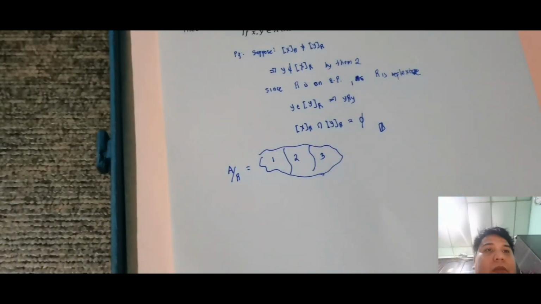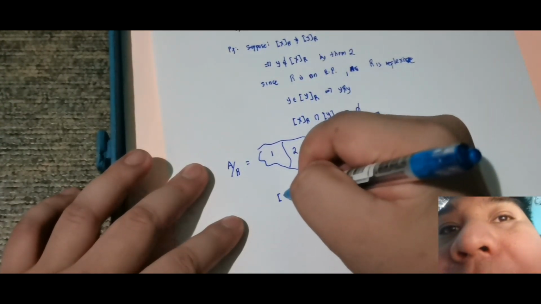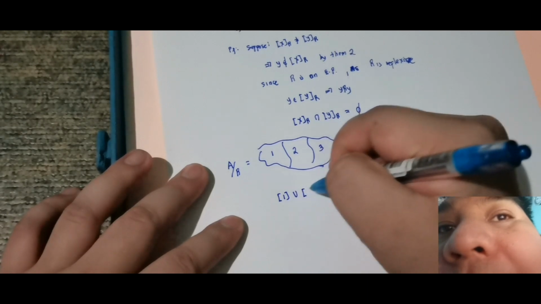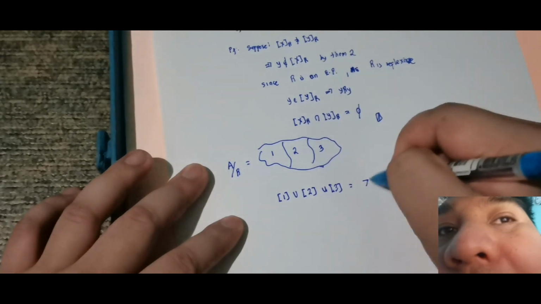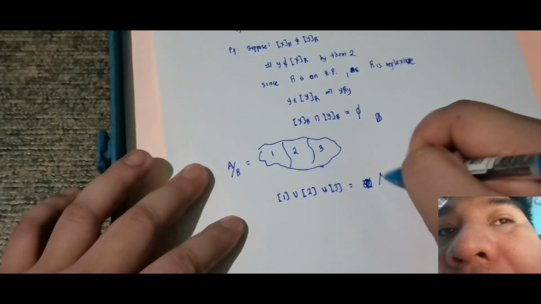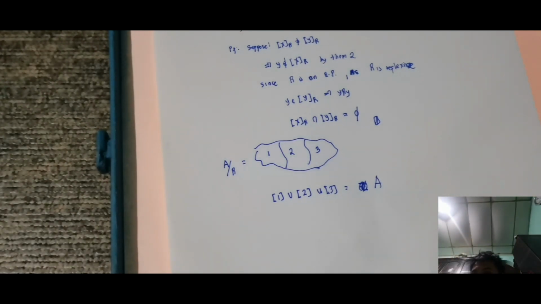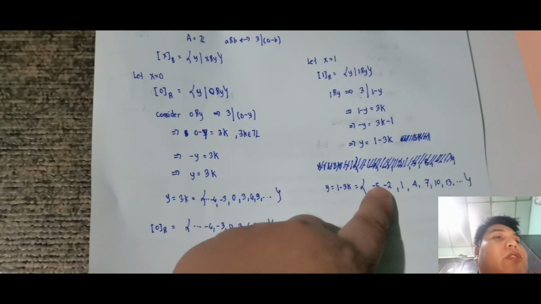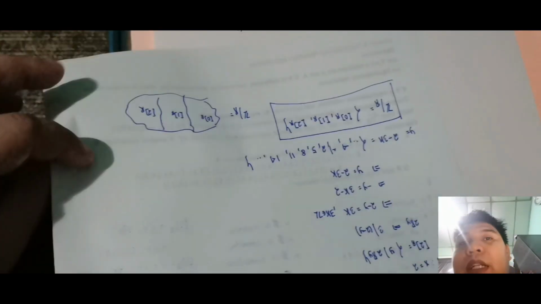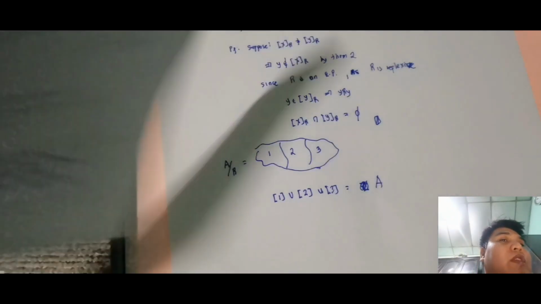Ang ibig sabihin ng una natin, ang union ng class represented by 1, class represented by 2, ang class represented by 3 is always equal sa A. Ang union nila, yung A. So, tulad kanina sa integers, i-union ko dito, saka i-union ko dito.